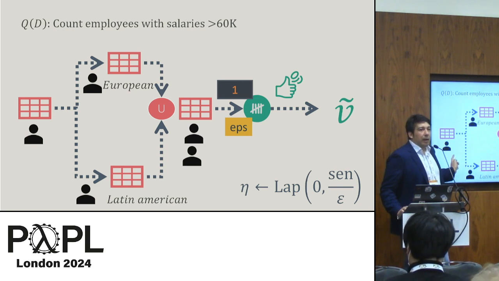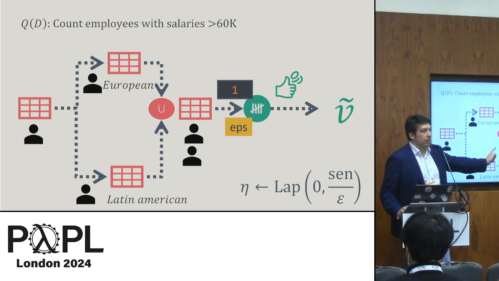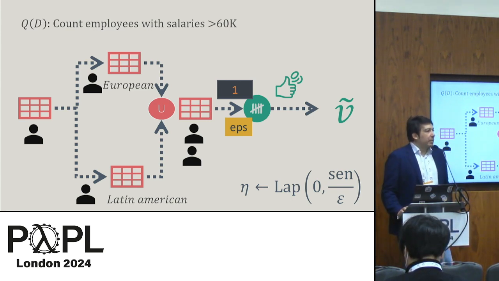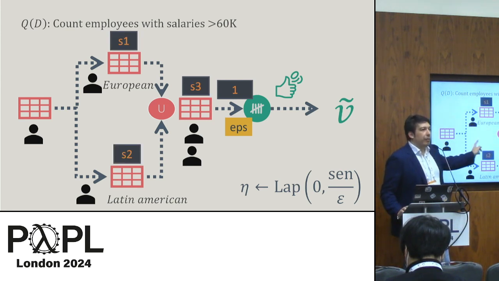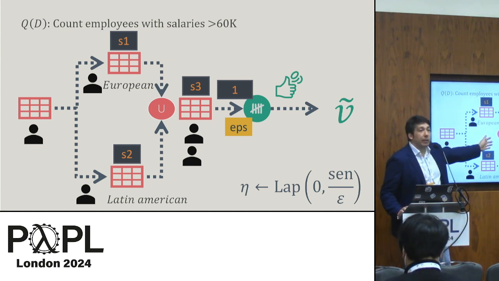So now, I add or remove one person, but the count will change by 2. Okay? So that's what this S parameter is about. It's called the stability of the table, which says when you do a transformation, how much removing or adding one person gets magnified in the resulting table.